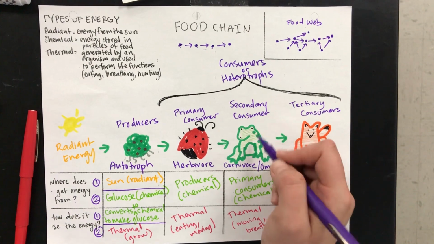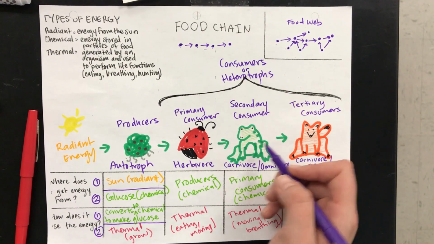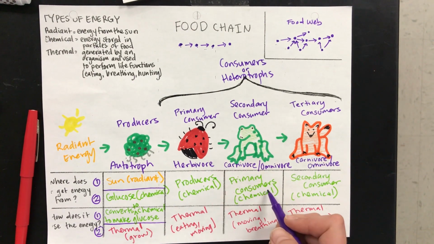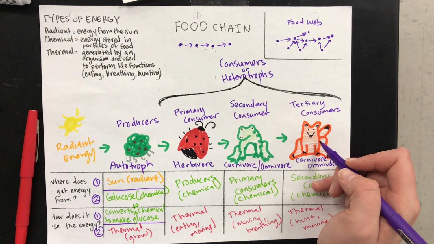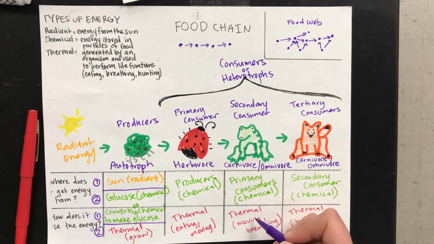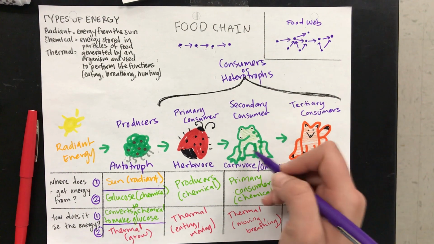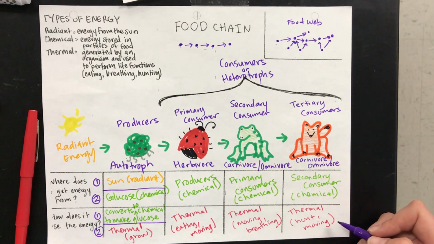It just depends on their adaptations and their food sources. But these guys are going to get chemical energy from the primary consumers and convert that to thermal. And then our tertiary consumers are going to consume our secondary consumers, and they're going to convert that energy to thermal as well.